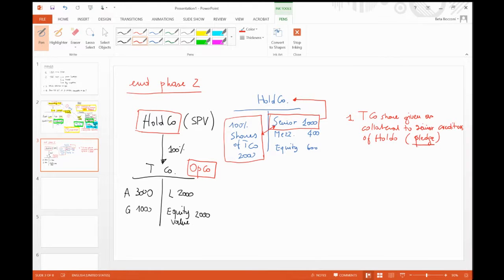For Italians, and I know that there are Italians connected, the pledge is impegno on the TICO shares. So in a sense, the senior creditors of holdco are assisted by a pledge on the shares of TICO company.